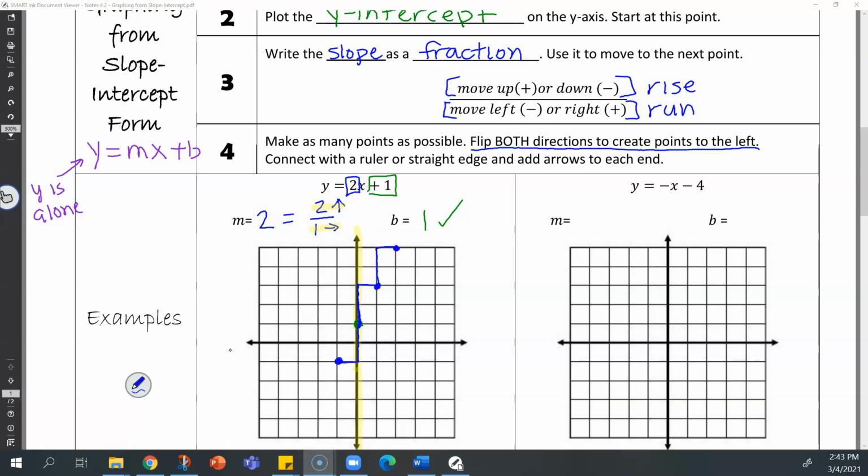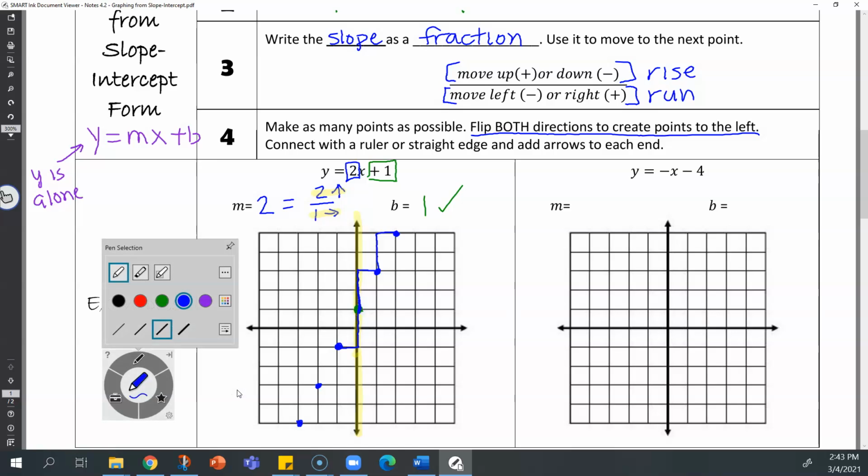Again, I shouldn't be drawing these connecting lines. I just want you to see what I'm doing. So I'm going to go 2 down and 1 to the left and put a point, and 2 down and 1 to the left and put a point. And I'm going to do that until I run out of space and I cannot put any more points on the line. The very last thing I'm going to do is connect that with a straight edge.